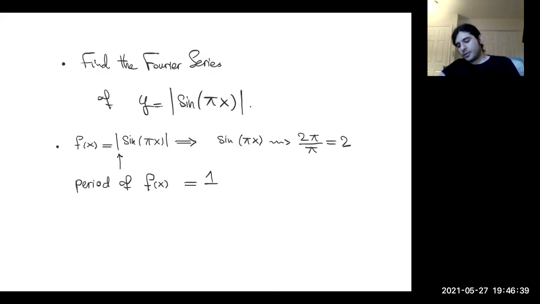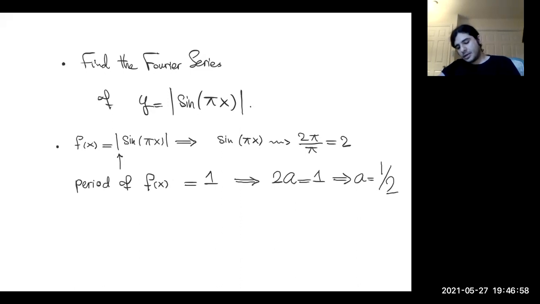So going back to our previous convention, we were showing period with 2a. So 2a is equal to 1, which means a in our previous computations is equal to 1 over 2.